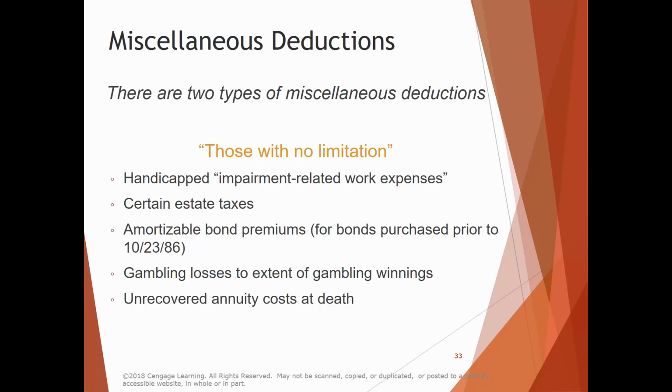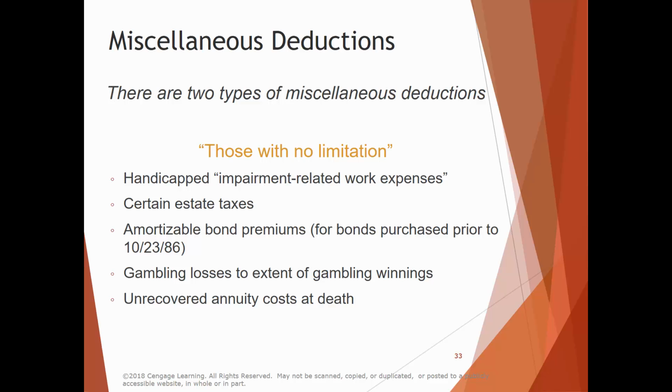Medical, under 10%? Okay, so this is the other deduction that has an AGI phase out. But of the two kinds of miscellaneous deductions, the 2% ones are going away. Those with no limitation or no AGI phase out are staying, which are these five things.